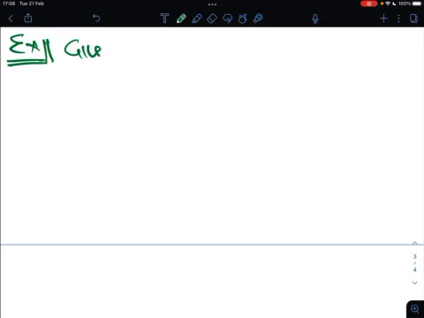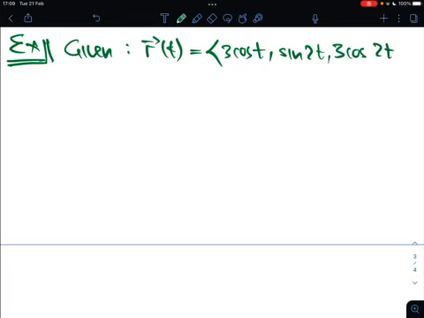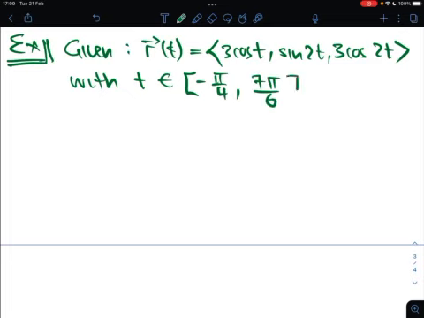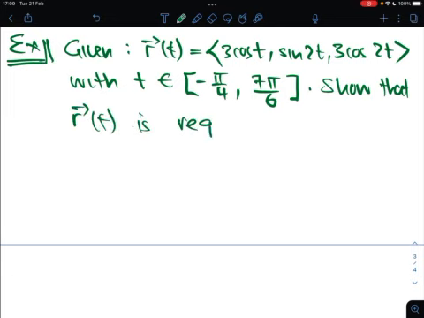Given r prime of t, which is defined as 3 cos t, sine 2t, 3 cos 2t, with t an element which ranges from minus pi over 4 to 7 pi over 6, show that r prime of t is regular.